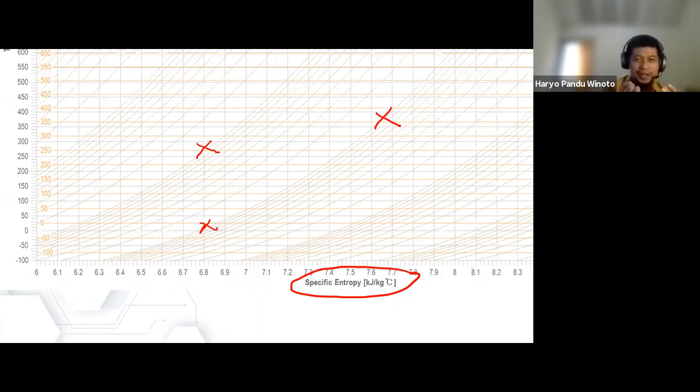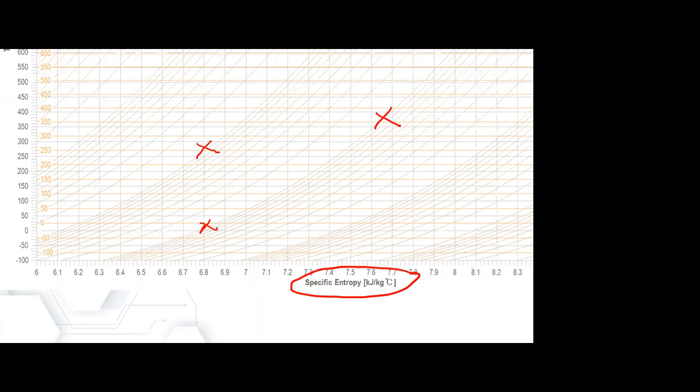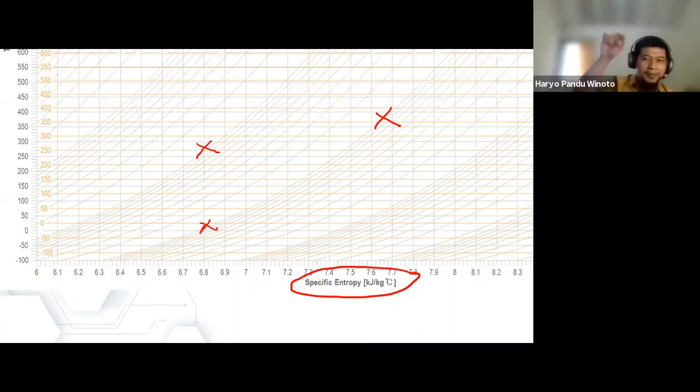You have to be very careful with that, because when you put your pressure too low, what happens, Kevin? When you do your Rankine cycle, what happens when your isentropic line crosses the phase line?